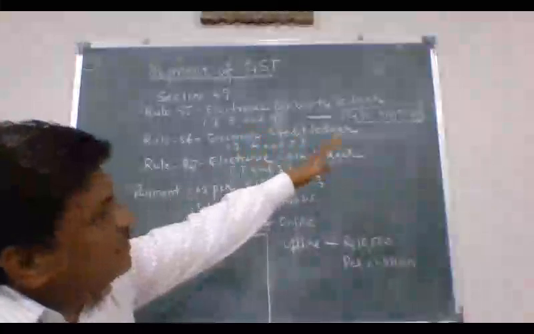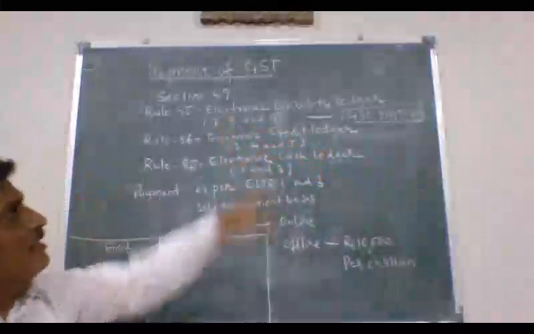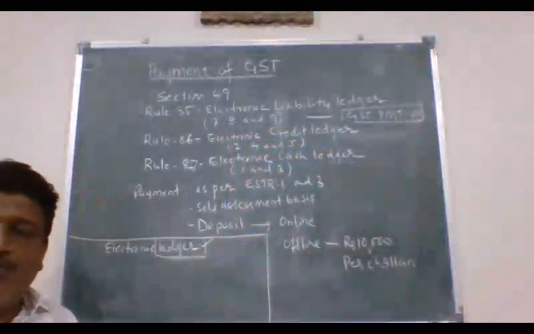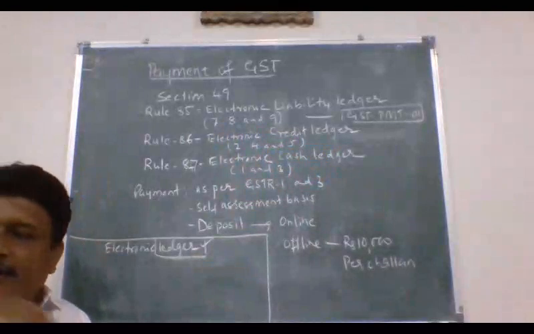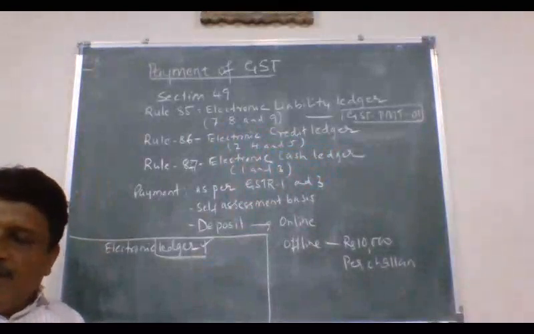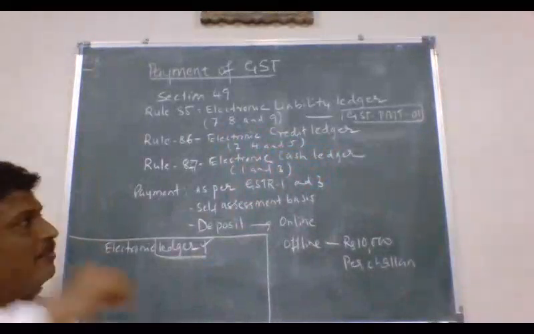As per this format, the electronic liability ledger has to be maintained. Here, a ledger means definitely we are going to find debit and credit. So what are we going to find on the debit side of the electronic ledger?